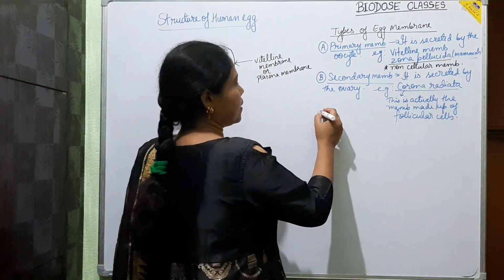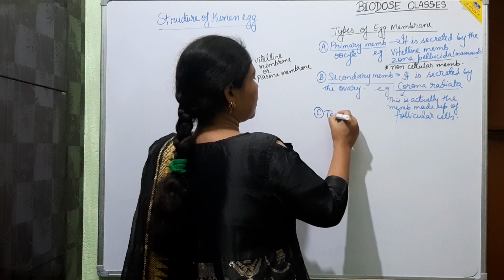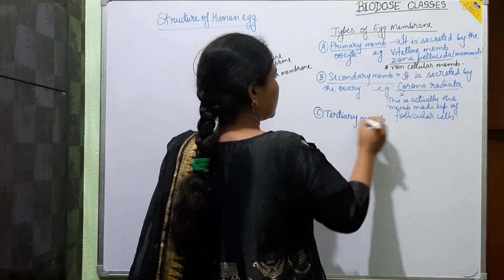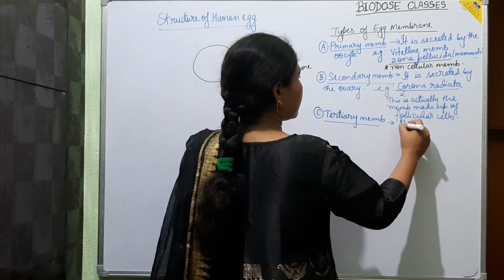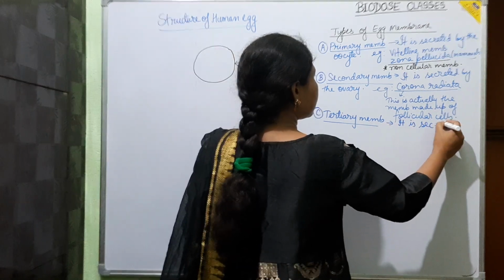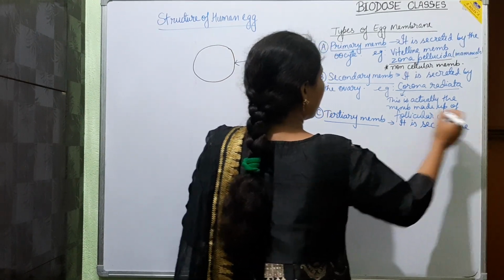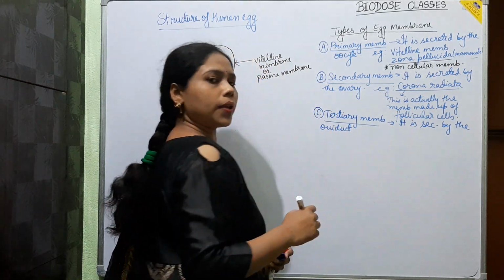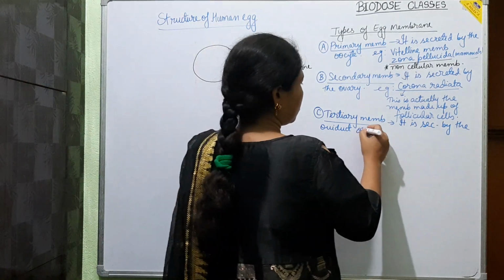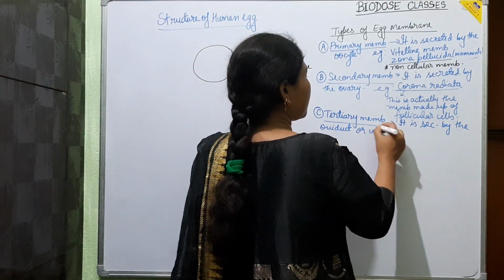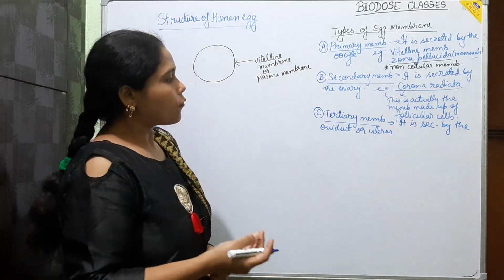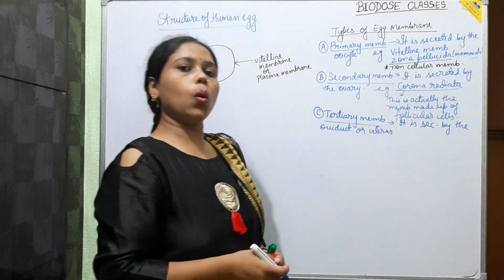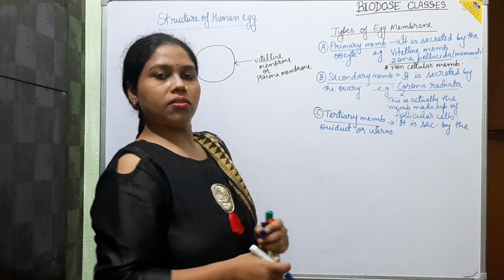And the last set of membrane is called tertiary membrane. This tertiary membrane is secreted by the oviduct, or we can say fallopian tube or uterus. Any part other than the ovary which secretes another layer of covering over the eggs gives a tertiary membrane.